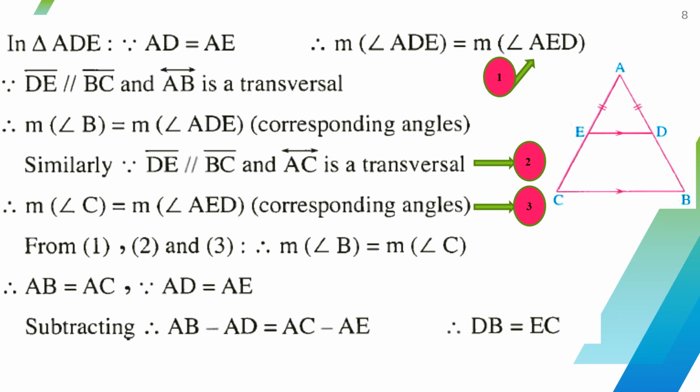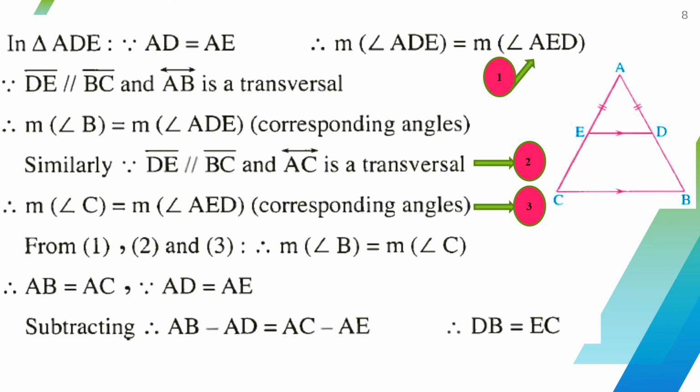Now the proof. At first, in triangle ADE, look at the triangle ADE. Since AD equals AE, then the measure of angle ADE equals the measure of angle AED. This is number one.